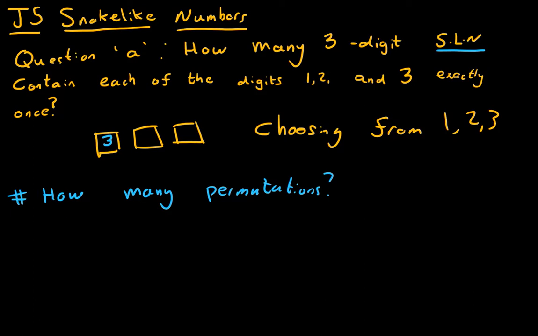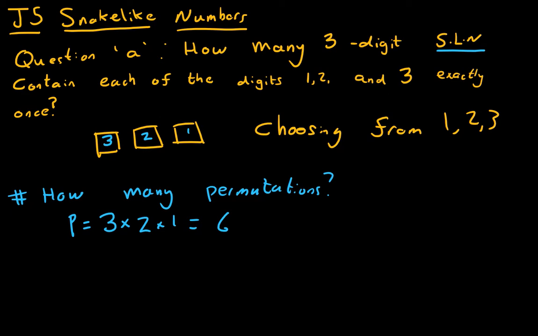Let's call it P. We have 3 ways of choosing the number 3, 2 ways of putting the 2, and 1 way of choosing the 1. So that gives 6 permutations.